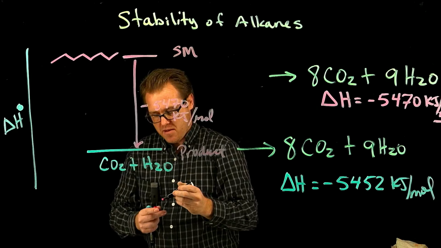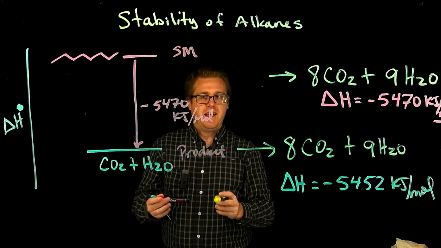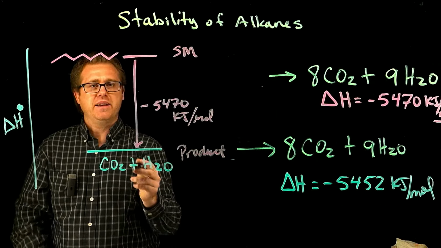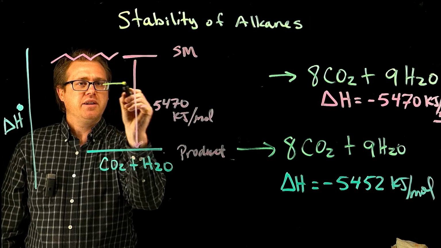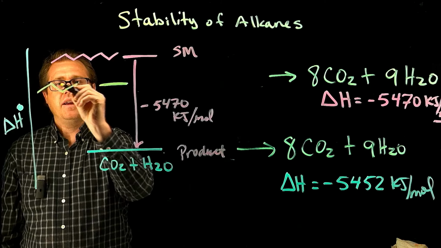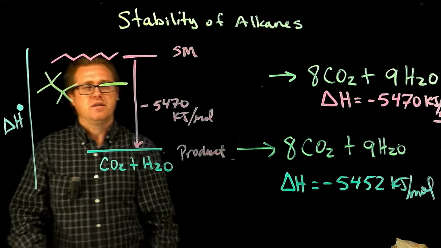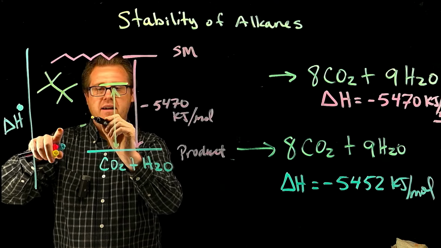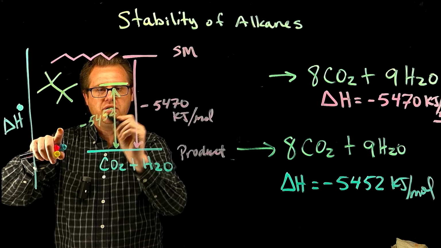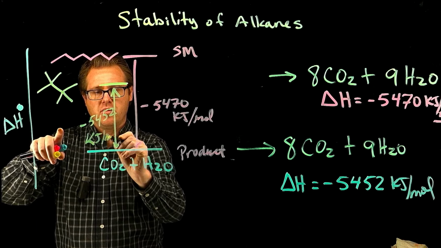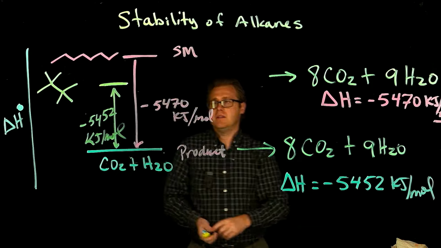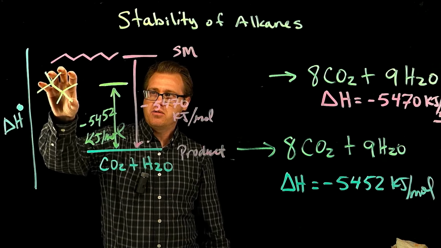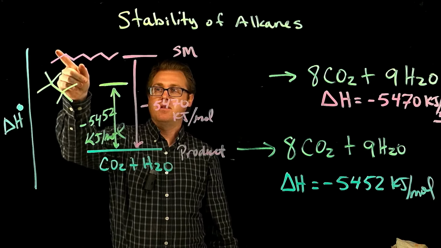But what's so interesting is this number right here is smaller. And the only way that could be smaller is if the starting material is lower in energy. And so this energy gap right there is a negative 5,452 kilojoules per mole. And so what we're learning here is this molecule right here is more stable than the linear form.